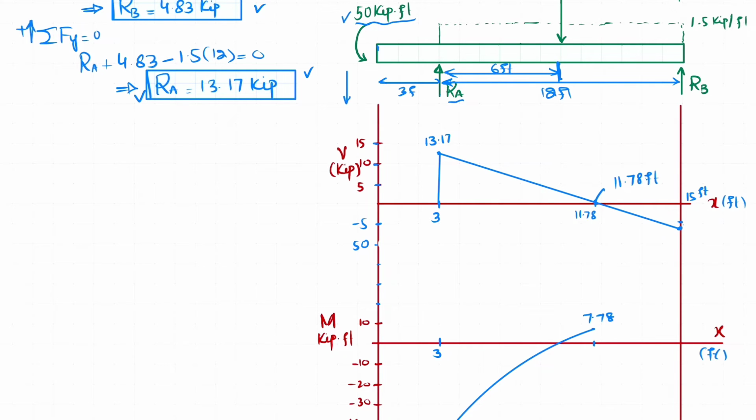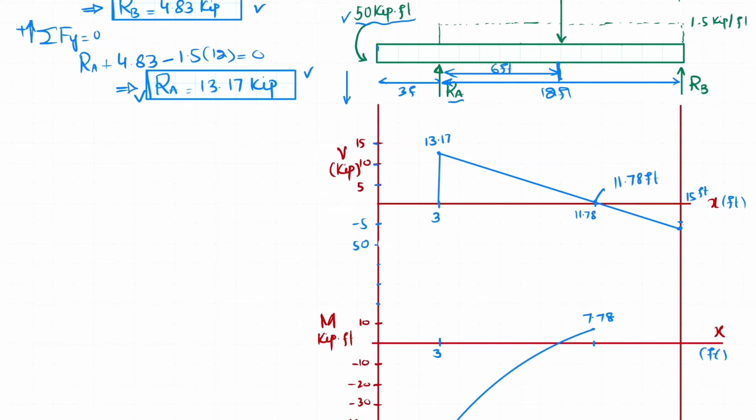Now the third area is this one. This will be equal to minus 4.83 into this remaining distance, which will be 15 minus 11.78, multiplied and divided by 2, giving minus 7.78, because this is negative.